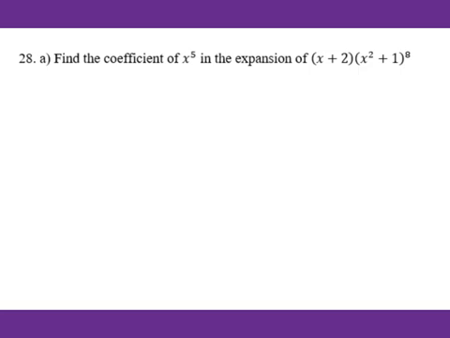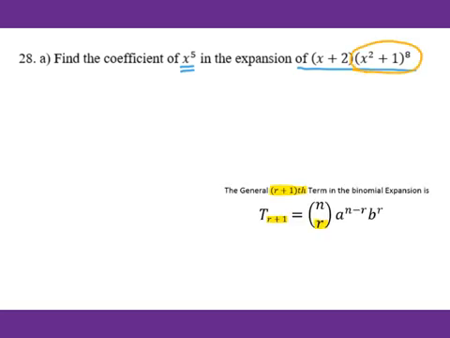Let's go to 28. Find the coefficient of x to the fifth power in the expansion, this one. First of all, we still need a general term for this part. Therefore, you will get 8 choose r, then x squared to the 8 minus r's power, times 1 to the r's power.